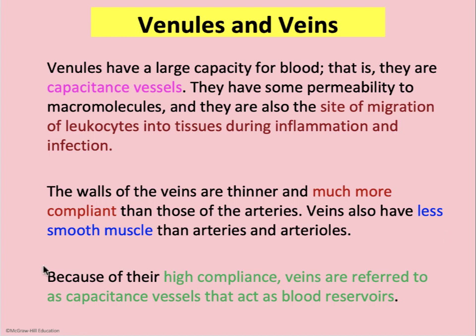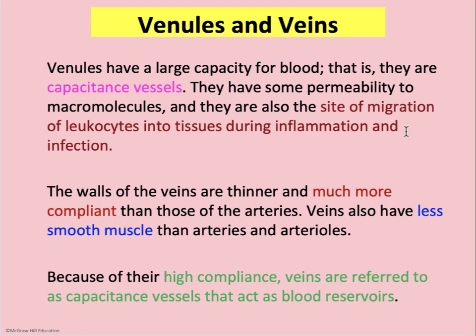They have less smooth muscle, and they also are much more compliant. Therefore, it doesn't take much blood to stretch them in terms of blood pressure. In addition, veins have something called capacitance. Just like a capacitor can hold on to electricity, veins can hold on to blood.